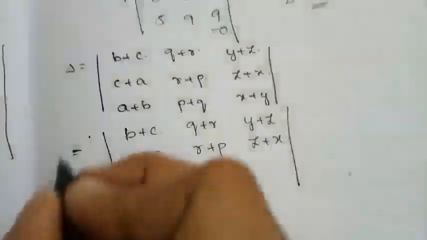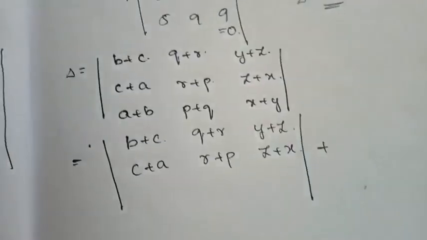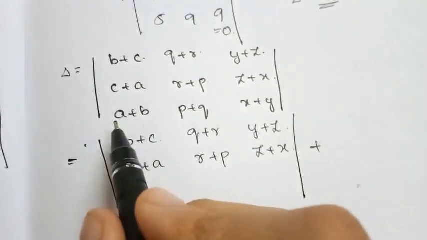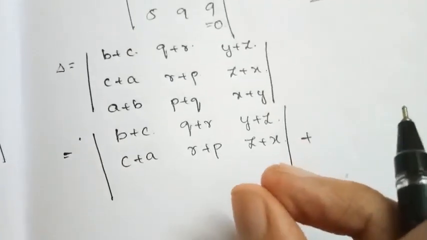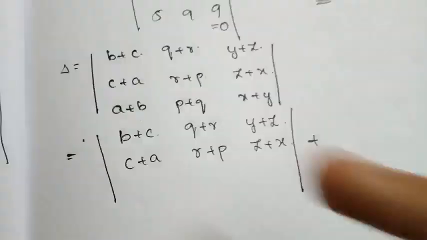and for the third row I am using property 5, which is nothing but if a row or column is expressed as a sum of two terms, then the determinant can be expressed as a sum of two determinants.